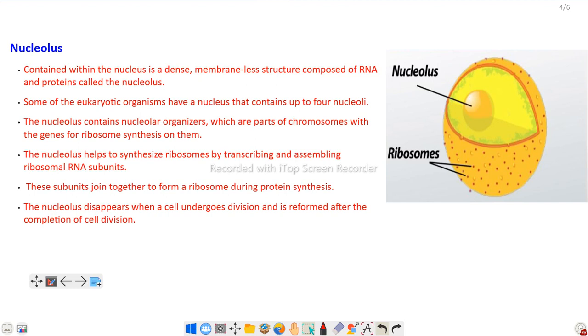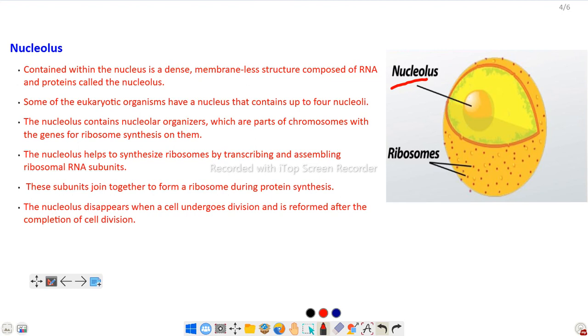Here is the ribosome, especially rRNA, and hence it is the site for protein synthesis. It is membraneless, that is, there is no membrane inside the nucleolus. The nucleolus contains nucleolar organizers, which are parts of chromosomes with the genes for ribosome synthesis on them.